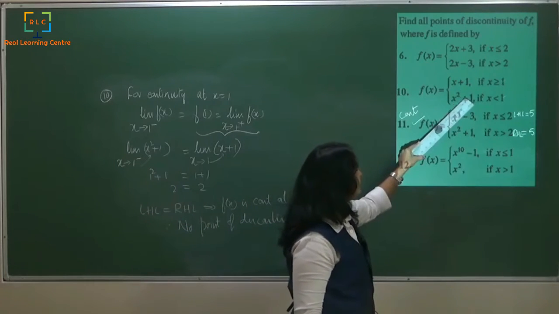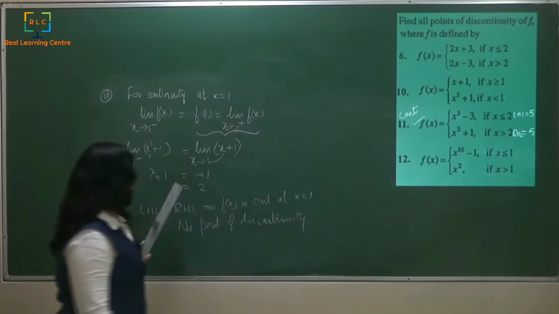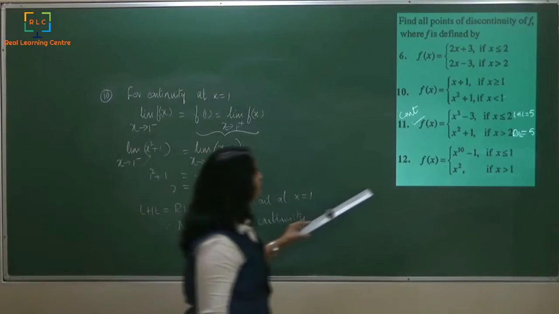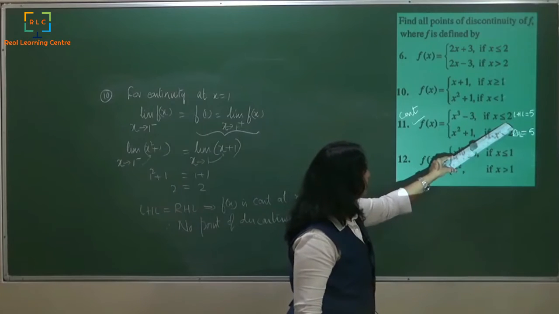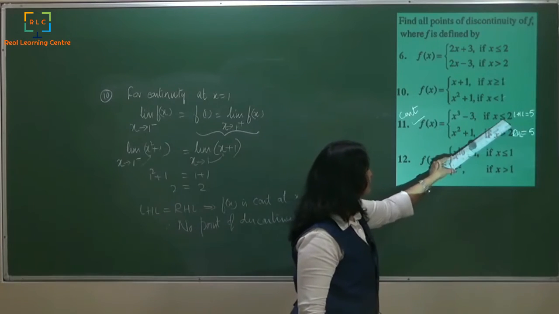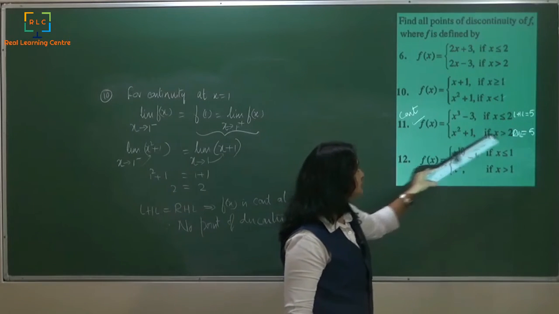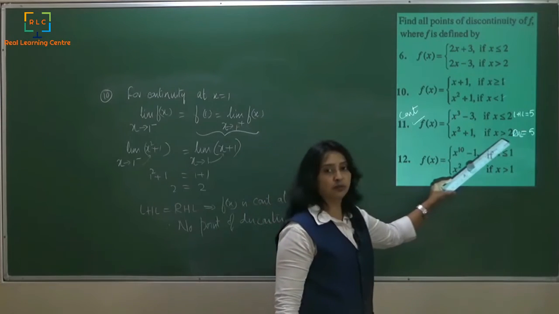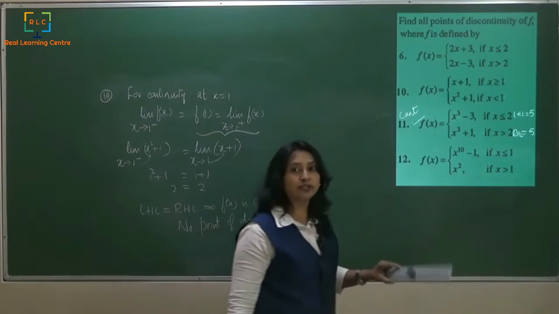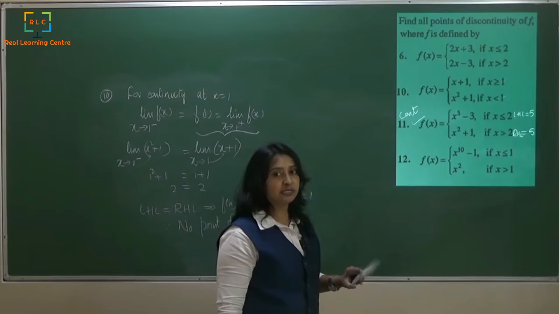So at this point x is equal to 1, it was continuous for us. So here if you plug in x is equal to 2, we are getting LHL as well as RHL the same number. So it is continuous at x equal to 2, and therefore there is no point of discontinuity.